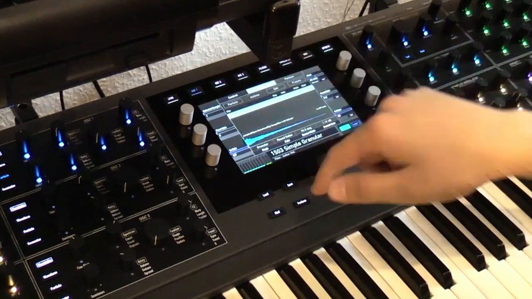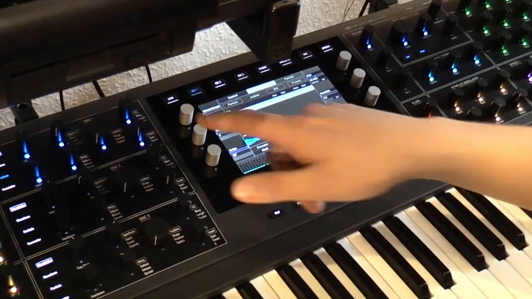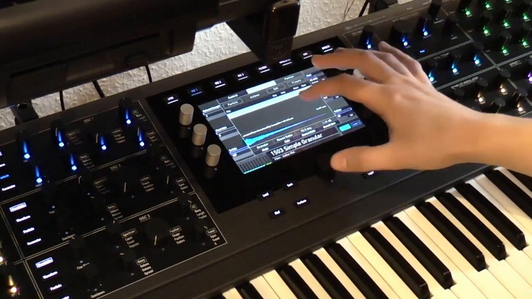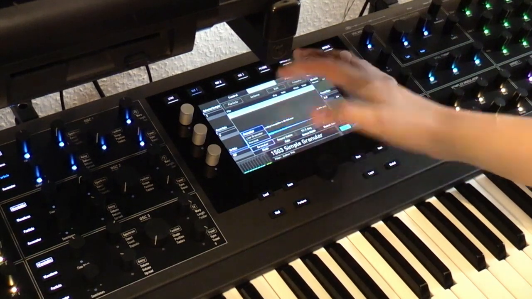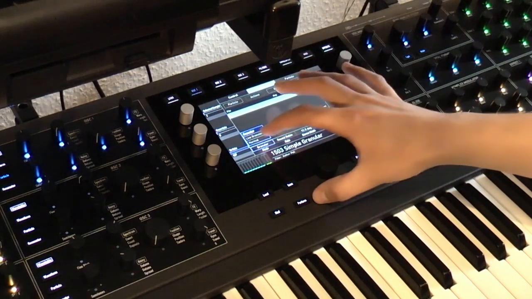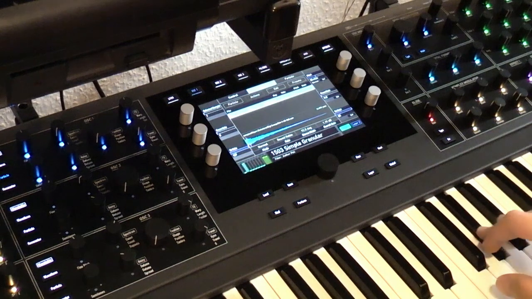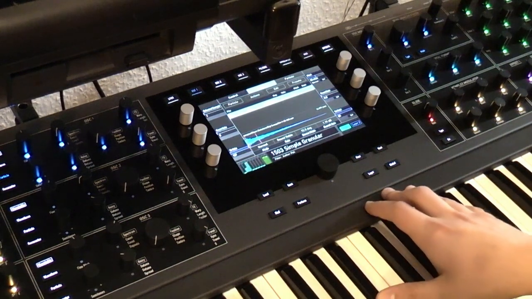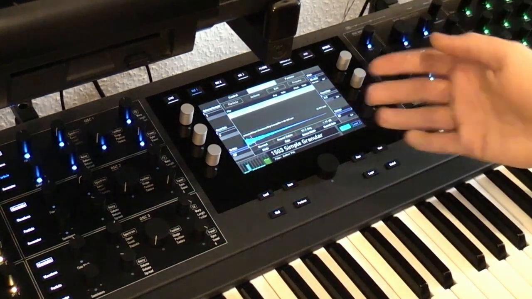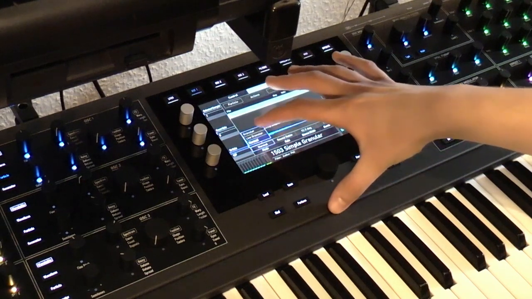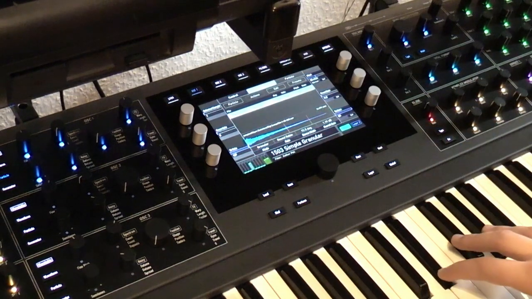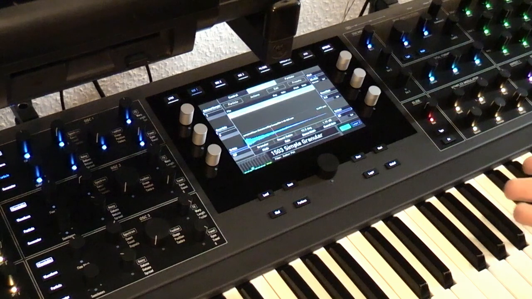by choosing the one oscillator with the particle mode and turning off the granular mode. So this is the sample. And this is what happens.